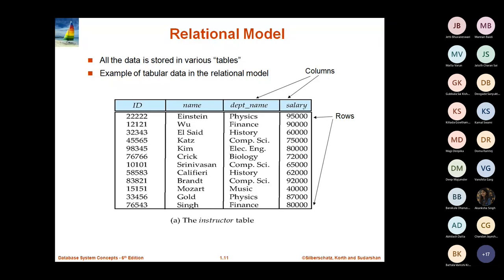What is the definition of a relation from your discrete structures? Anyone? Very simple. Mapping of two objects. Yeah, that is good, but a little more formal definition in terms of sets, a binary relation.